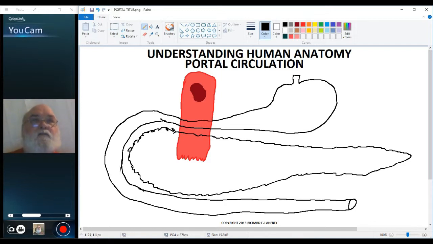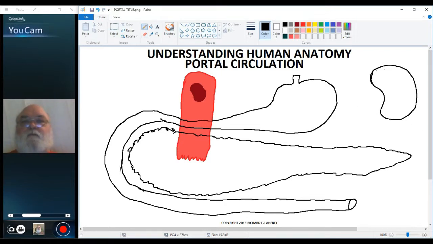And then I want to sketch in the spleen over here. And again, let me clean that drawing up a little bit.